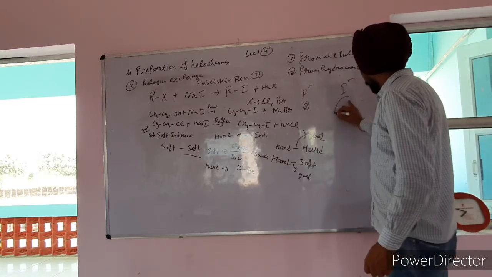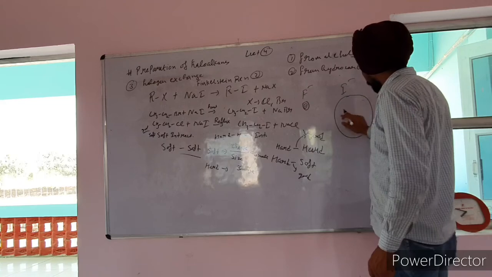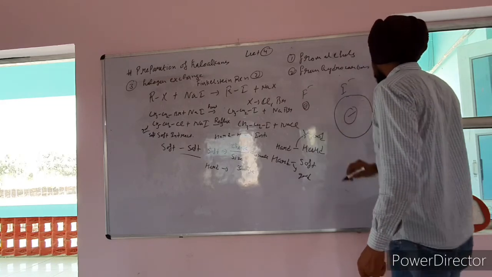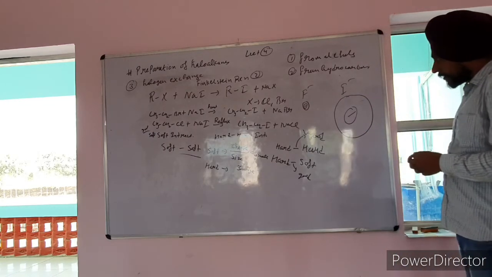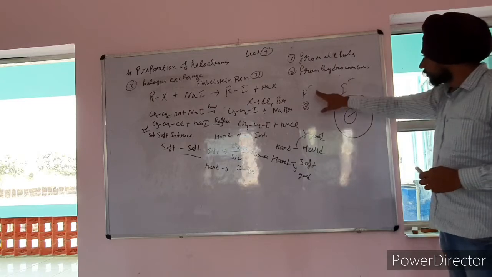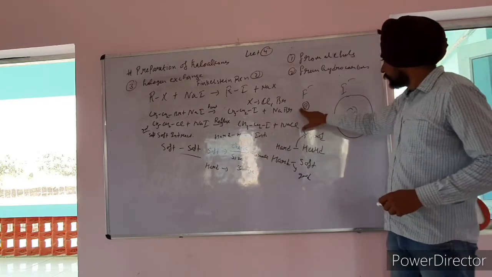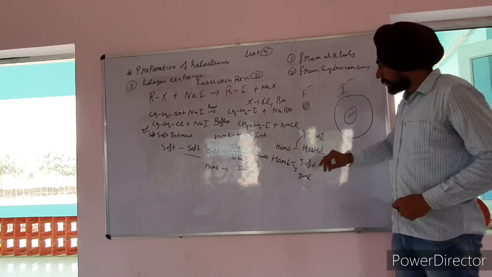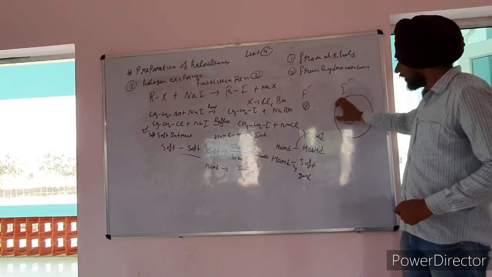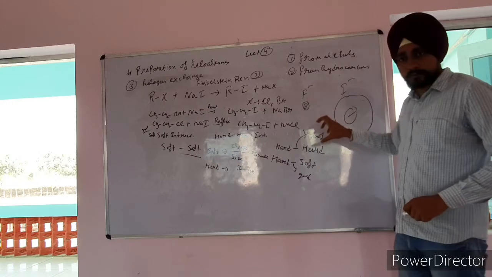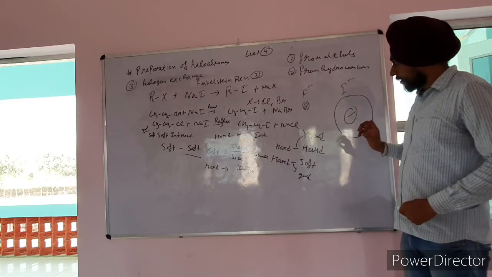What is the size of iodine? As compared to fluorine, it will be bigger and bears one negative charge. The charge of both ions is the same. But the size of iodine is bigger and the size of fluorine is smaller as compared.